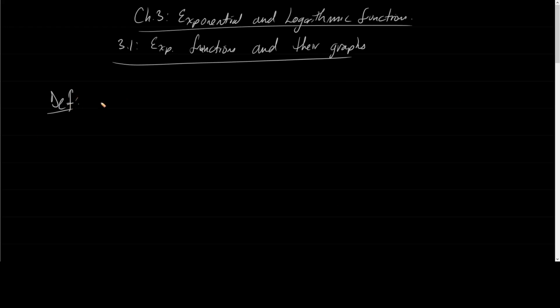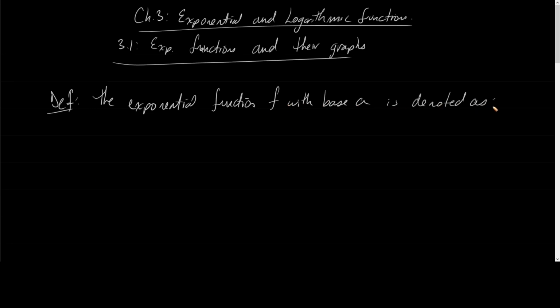All right. So the exponential function f with base a is denoted as f of x is equal to a to the x, where in here a is strictly greater than 0 and not equal to 1.